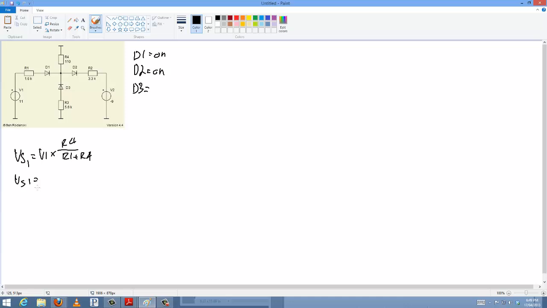Vs1 equals 0.70760 volts. And Vs2 equals -9 times 110 divided by 3410, because it's V2 times R4 on R1 plus R2 plus R4.